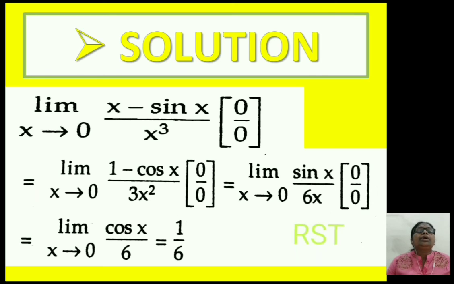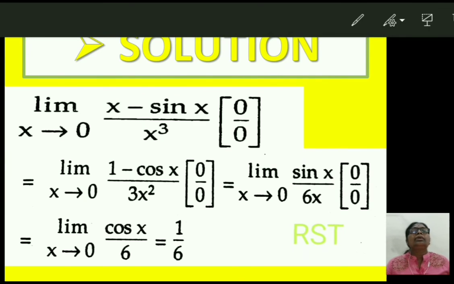That means we take derivative of numerator and denominator separately. Limit of x minus sin x upon x cube as x tends to 0 equals limit x tends to 0 of derivative of numerator, that is derivative of x is 1 minus derivative of sin x is cos x, divided by derivative of x cube, which is 3x squared.